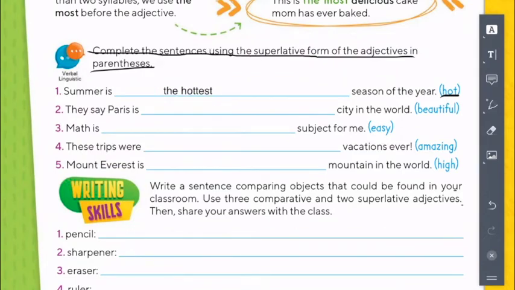Good. Number 2. They say Paris is the city in the world. And we have beautiful. So it's going to be beautifulest or the most beautiful? The most beautiful.